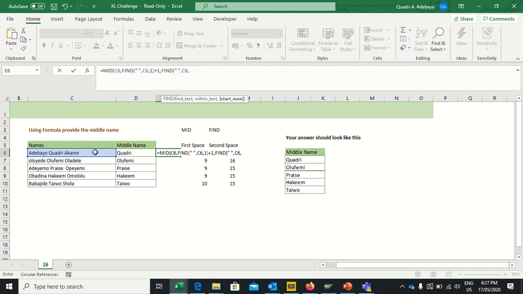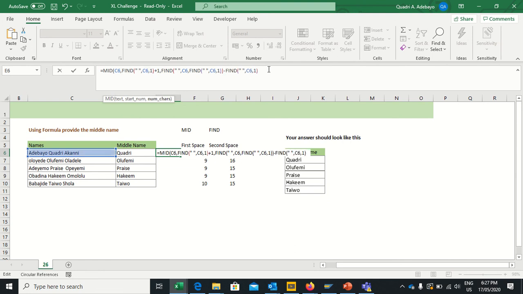We want it to start from the first space, so we raise another FIND again, within this text, comma, 1, and we close the brackets. We close the bracket properly like this, and then minus. What are we subtracting from here? We copy this and subtract this out.